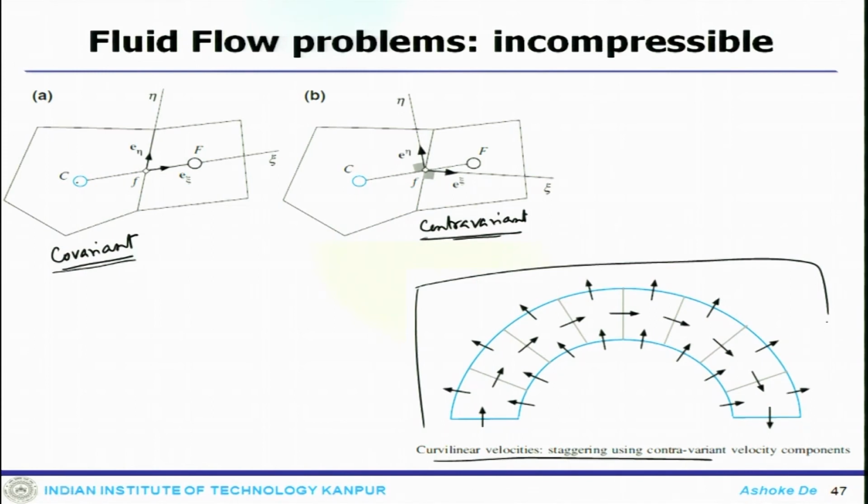So, the idea is that whenever you have some geometric complexity or it is not a regular geometry, you can always transform that to a regular geometry, or rather your system has to take care of those covariant and contravariant components. Now, this may lead to some complications when discretizing the momentum equations in curvilinear coordinate system, due to this increased complexity in the treatment of all the conservative terms.